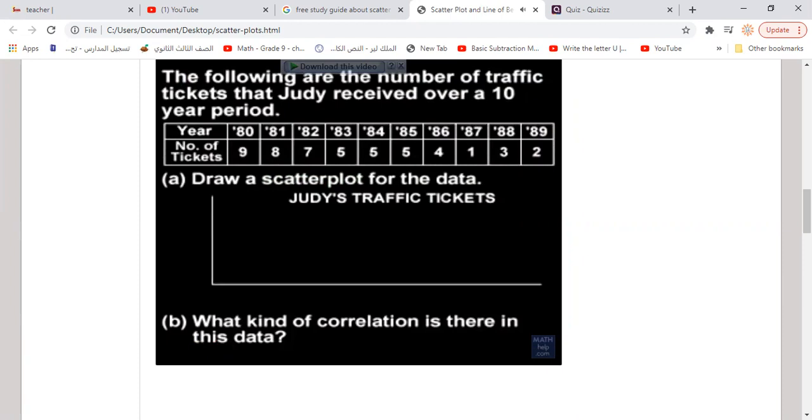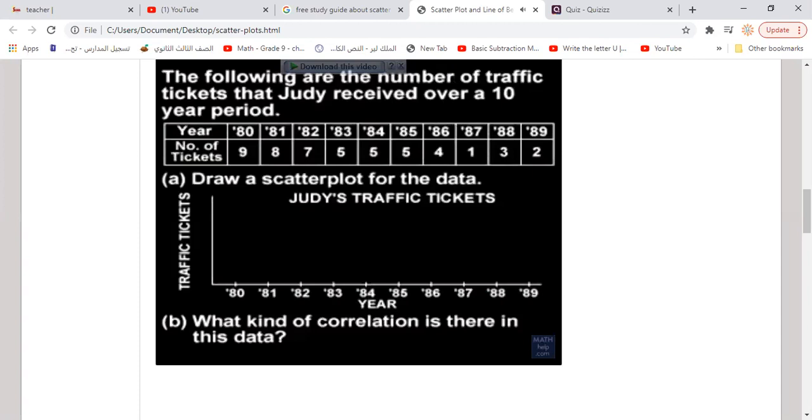Next, draw the axes for the scatter plot. The x-axis will be labeled with years, and the y-axis will be labeled traffic tickets. We know that the years listed along the x-axis will be the same as those listed in the table: 80, 81, 82, 83, 84, 85, 86, 87, 88, and 89.